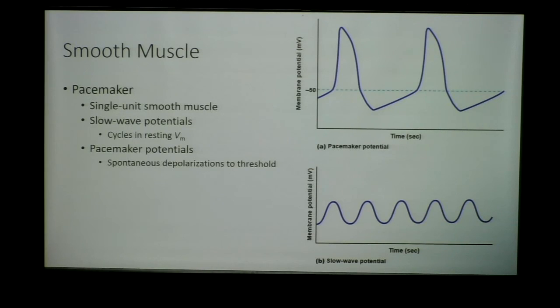We did not see that with skeletal muscle, okay? We did not see that with neurons. Neurons generate an action potential by the firing of that action potential and by the chemical and electrical synapses at the junction. Here, these cells resting on their own can spontaneously depolarize and fire an action potential, okay?